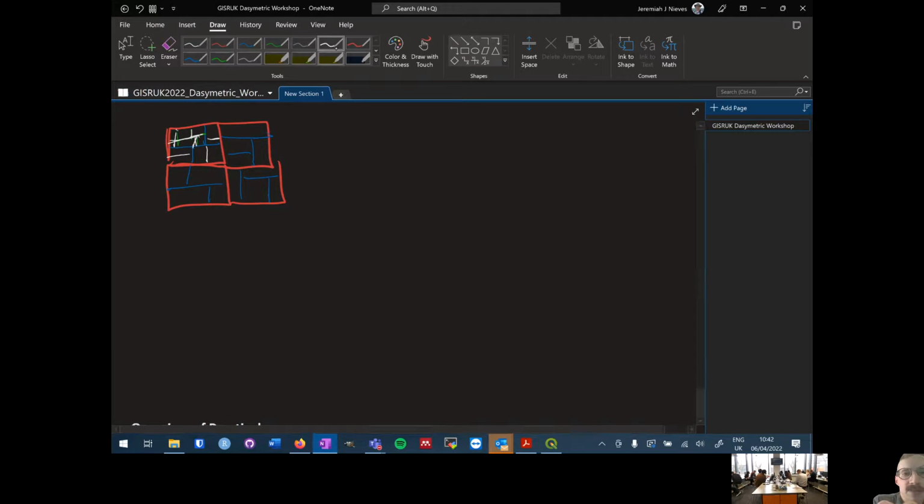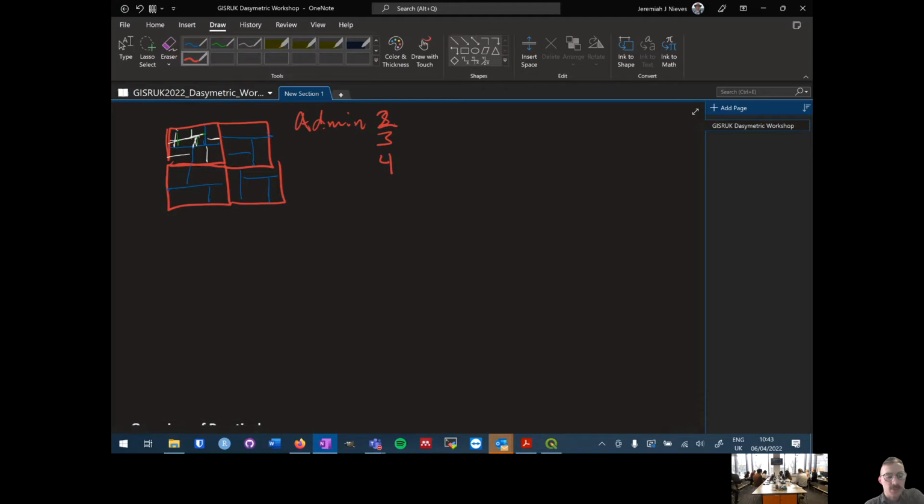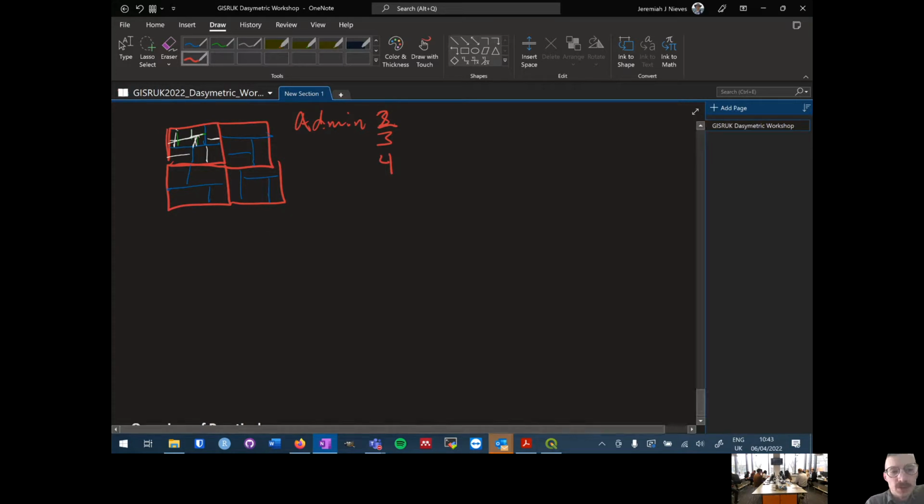So you've got admin levels 2, 3, and 4. There are a couple of different ways you could approach this, right? If you're wanting to produce the possibly most accurate, I say possible because there are things that can come into play here, the most accurate pixel level redistribution, you want to train, which I'll shorthand with T here, on 4 and disaggregate from level 4, right?